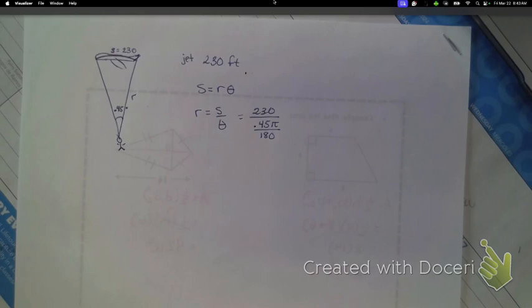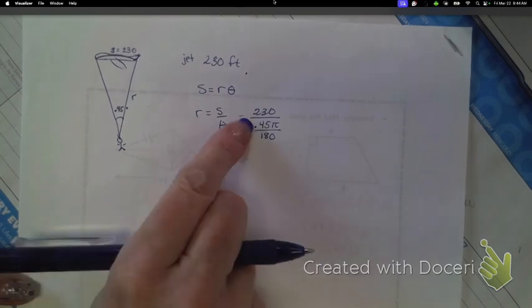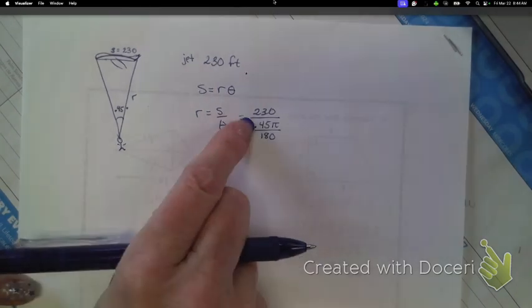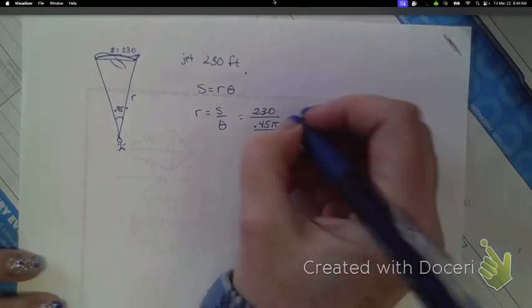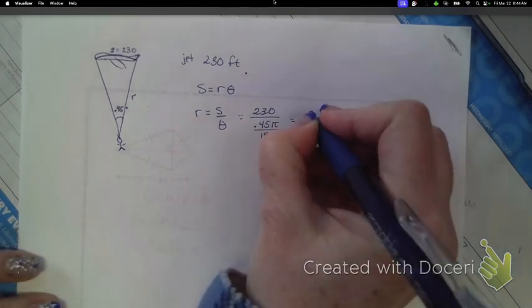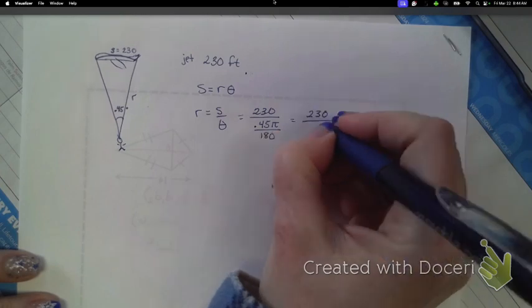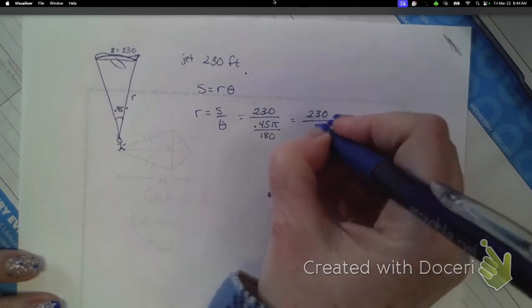If it was 45, it'd be pi over 4, yes? But there would be how many decimal places? Two? So I have 230 over pi over 0.004.